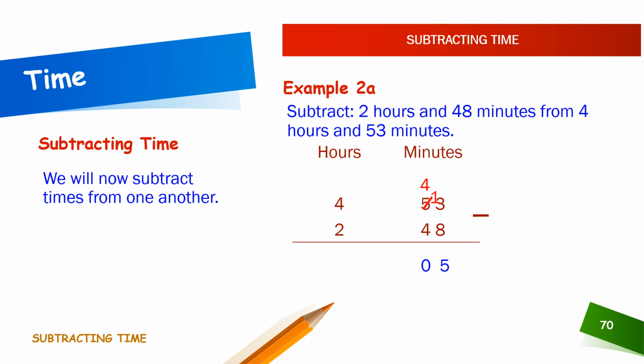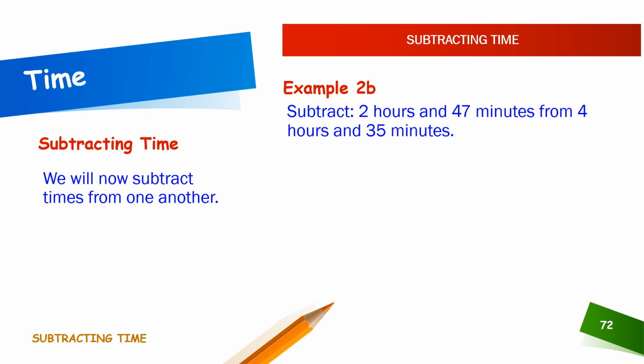So we have 5 minutes. We now subtract the hours from each other to give 2. So our answer, when we subtract one time from another, is 2 hours and 5 minutes.